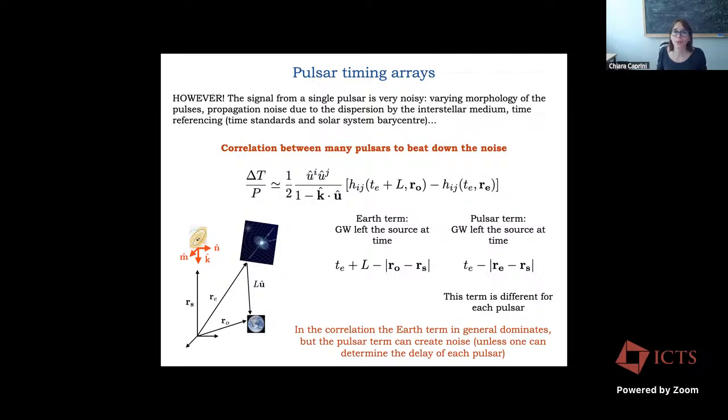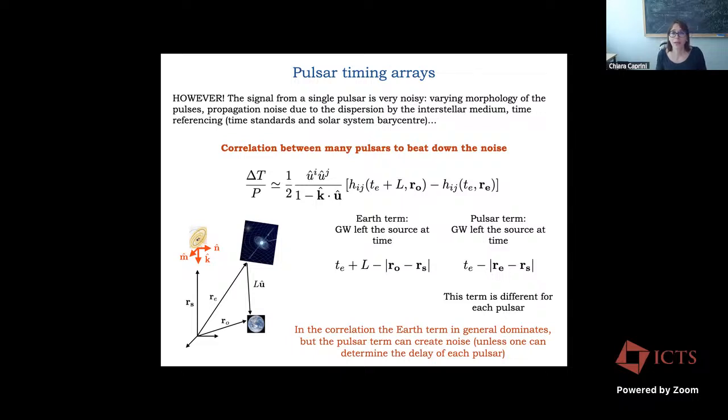And also one needs to know the time at the solar system barycenter. And this is also very complicated to know because one needs to know with extreme precision the position and the masses of all the planets.